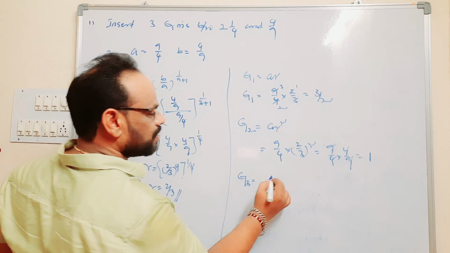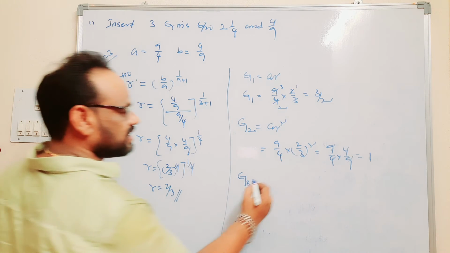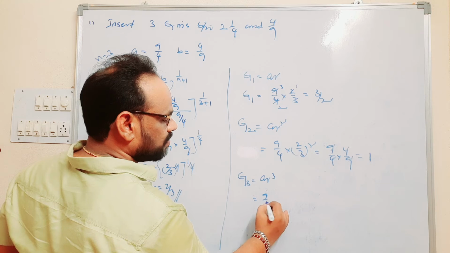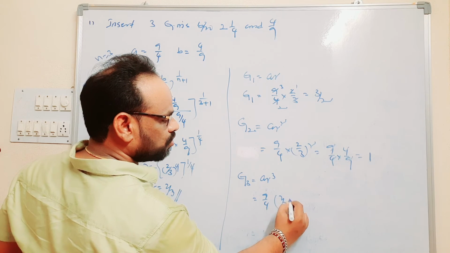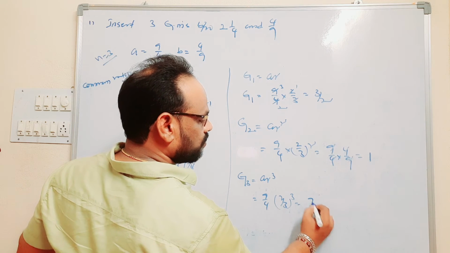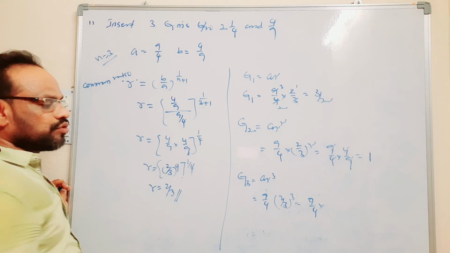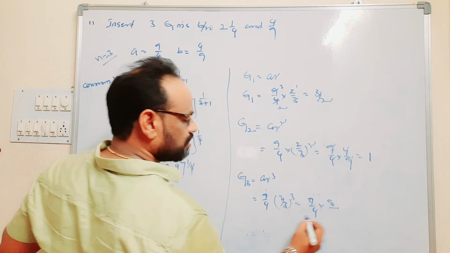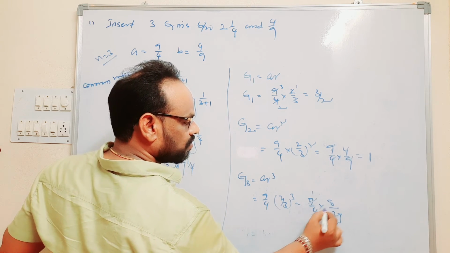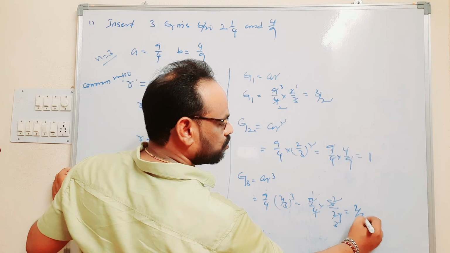We want the third geometric mean G3. G3 is equal to AR cube, nothing but 9 by 4 into the R value (2 by 3) whole cube, which means 2 cube is 8 and 3 cube is 27. That is 9 ones are 9, 3 threes are 27... 4 ones are 4, 4 twos are 8, that is 2 by 3.